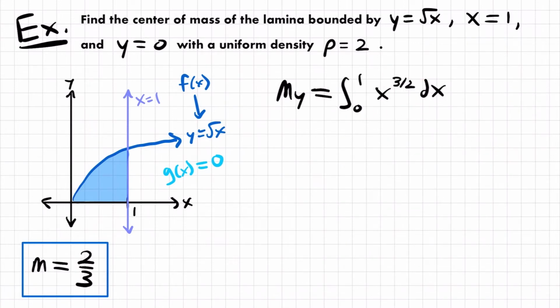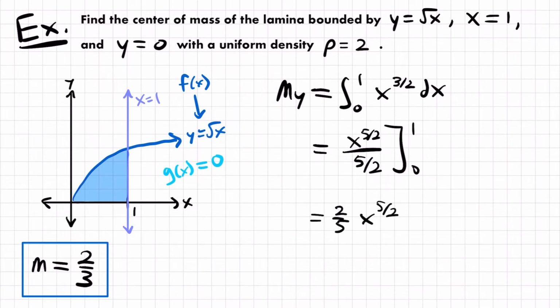Okay, and so if I clean up my work, we can solve this integral by using the power rule of integration. So we'll add 1 to the exponent and divide by that new exponent. So this is equal to x to the 5/2 power divided by 5/2 evaluated from 0 to 1. And so once again, dividing by a fraction is the same as multiplying by the reciprocal of that fraction. And so this is equal to 2/5 times x to the 5/2 power evaluated from 0 to 1.